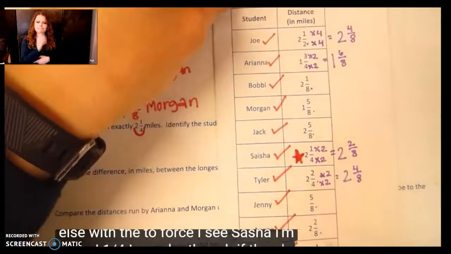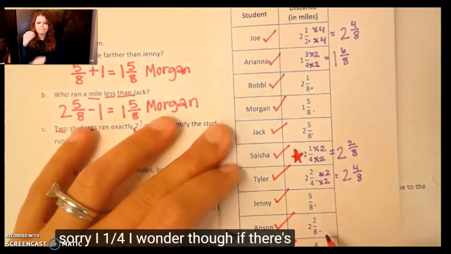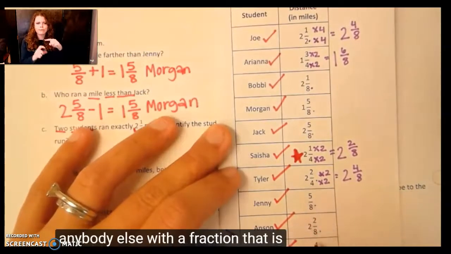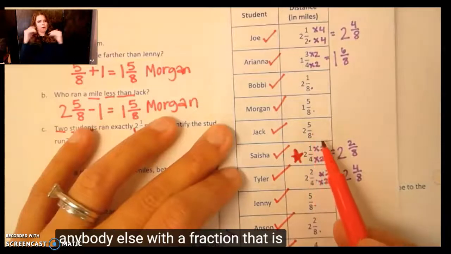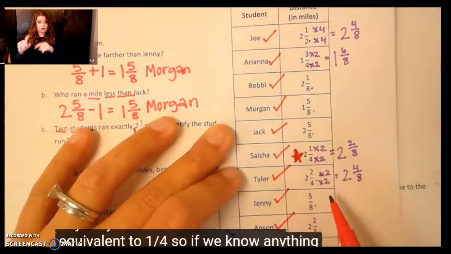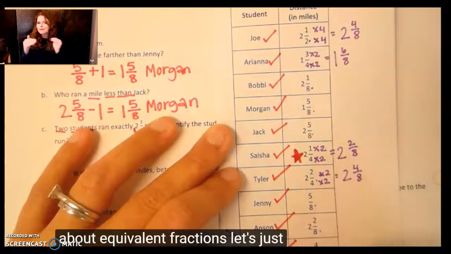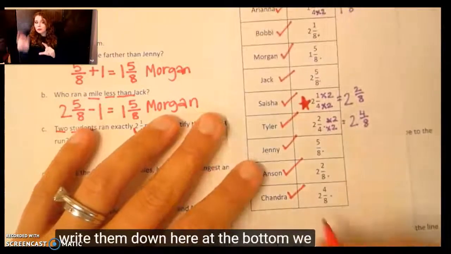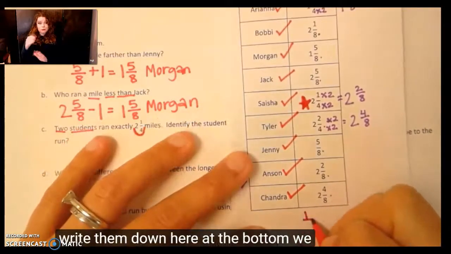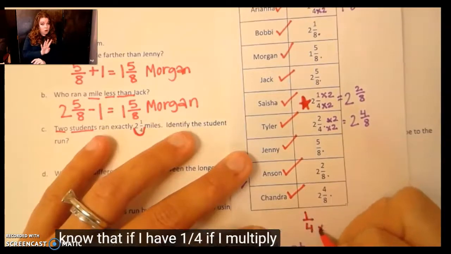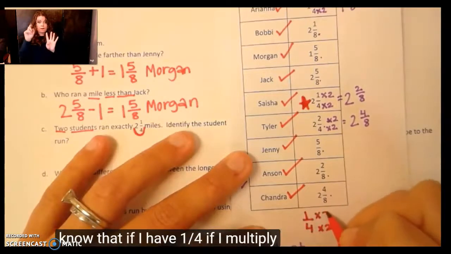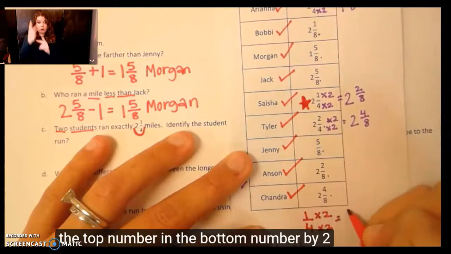I wonder though if there's anybody else with a fraction that is equivalent to 1/4. So if we know anything about equivalent fractions, let's just write them down here at the bottom. We know that if I have 1/4, if I multiply the top number and the bottom number by 2, I can have 2/8.